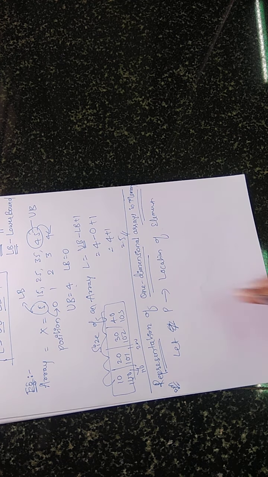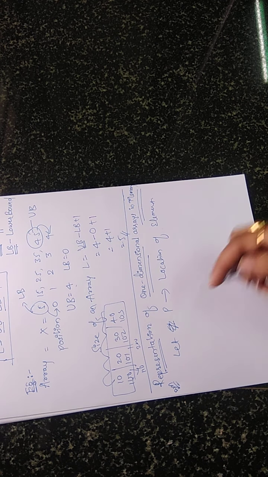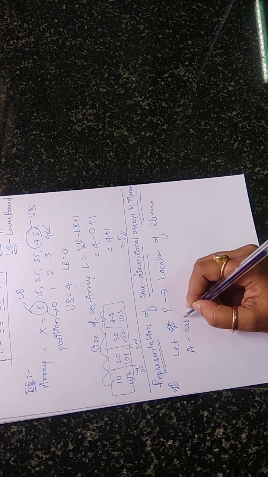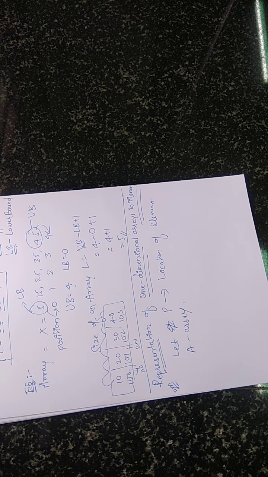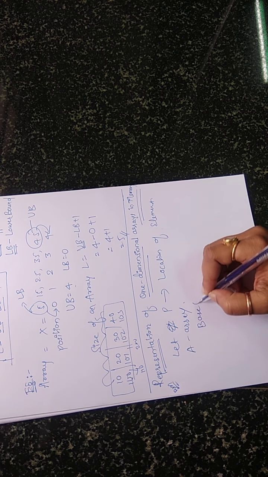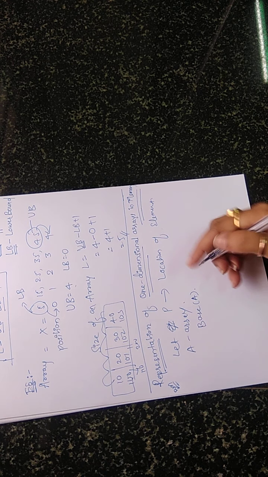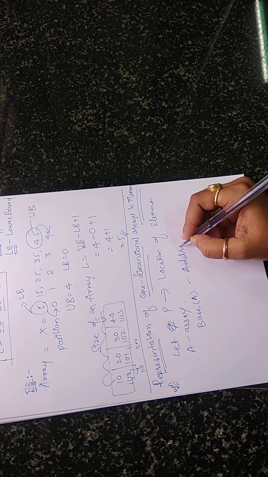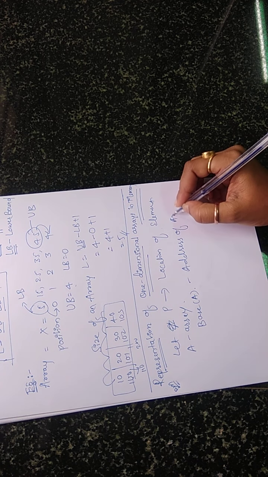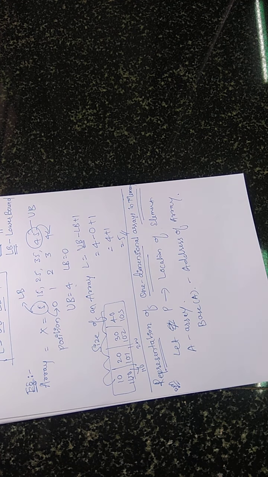Consider P as the location of your element, and consider A as the array. The address of the first element of array A is called base A, which is called the address of A. Don't get confused, we are just considering a few variables.